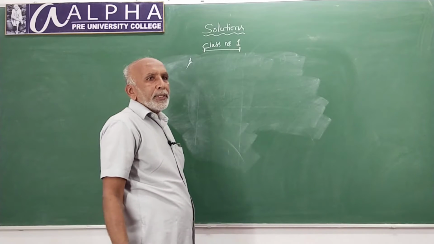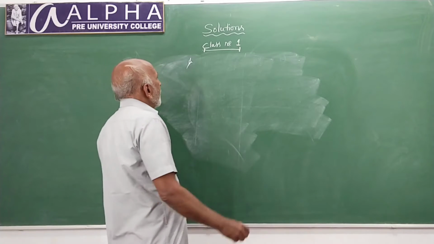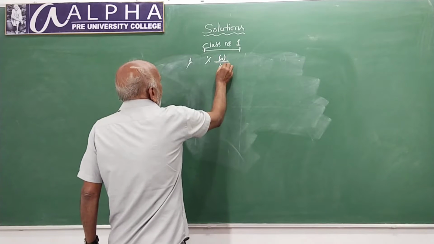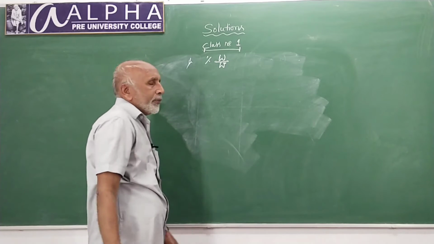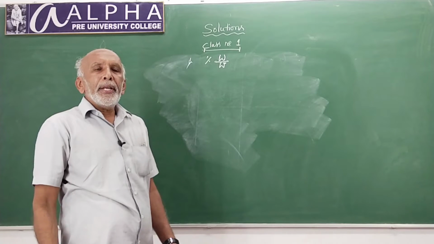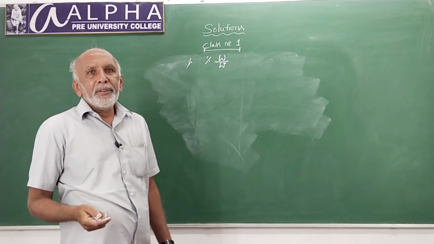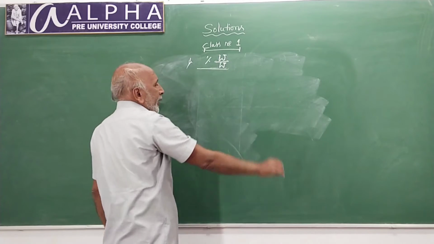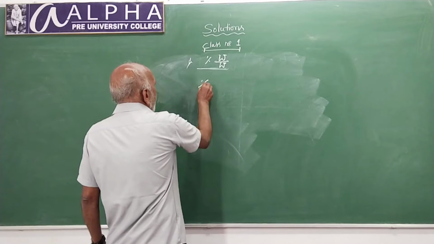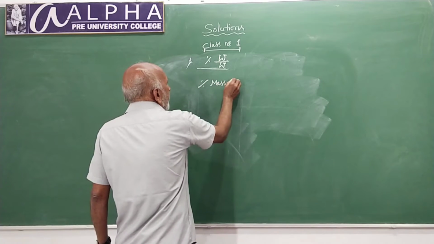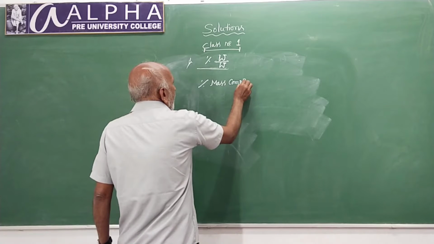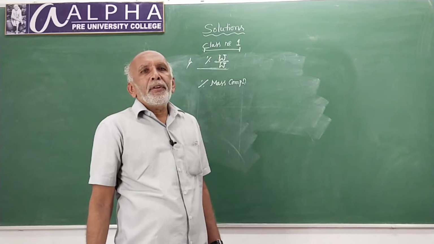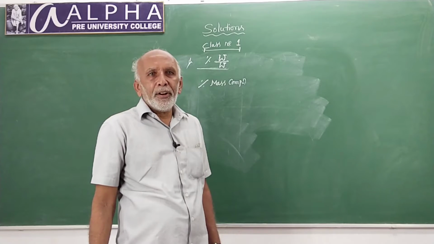First one is mass by percentage, mass by mass, that is percentage mass by mass of solution. Percentage mass composition. What is this percentage mass composition? It is the percentage mass composition of a constituent in the solution. Constituents will be solute and solvent.